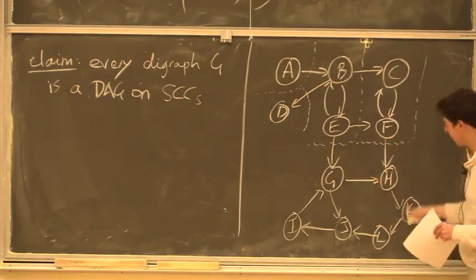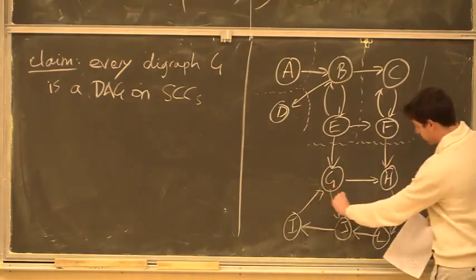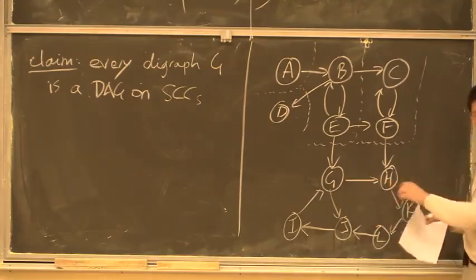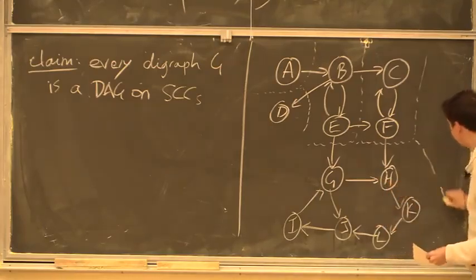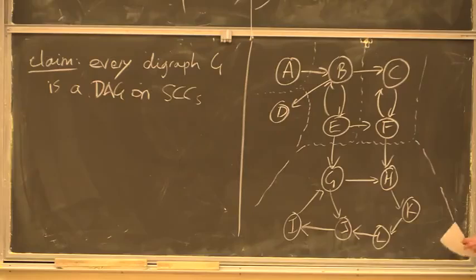What about this mess down here? So this is like, you know, mini cycles. You can kind of shrink it, right? But then there's this bigger cycle too. And you can shrink that too, right? So this entire thing is... So these are the strongly connected components.